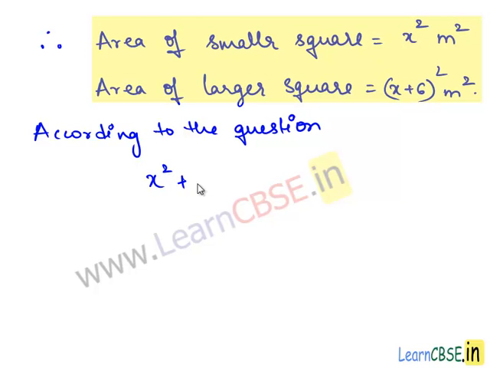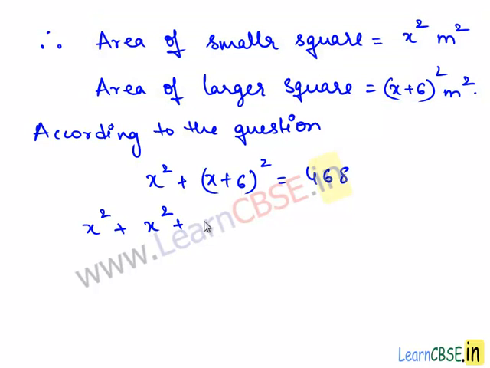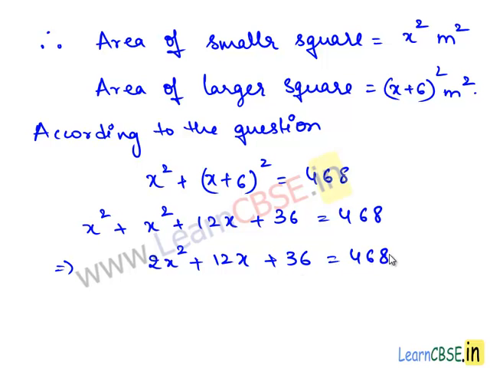So x square plus x plus 6 whole square is equal to 468. On expanding, we have x square plus 12x plus 36 is equal to 468. This implies 2x square plus 12x plus 36 is equal to 468.